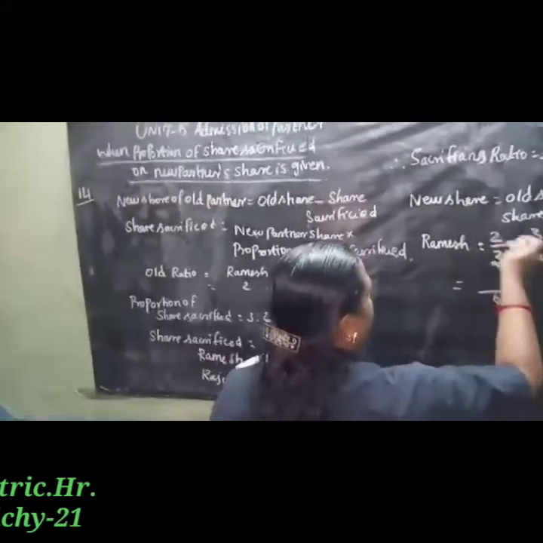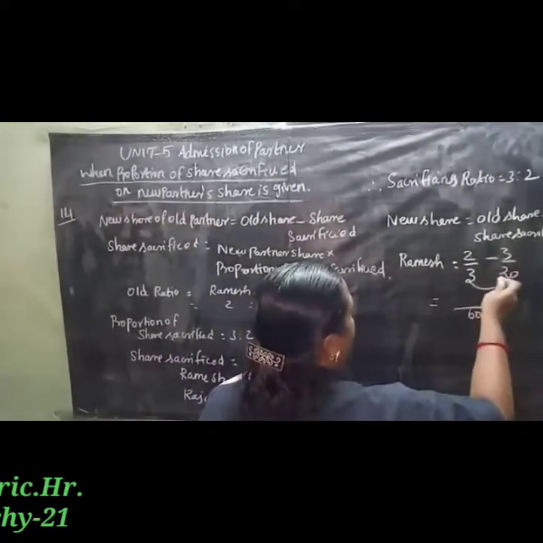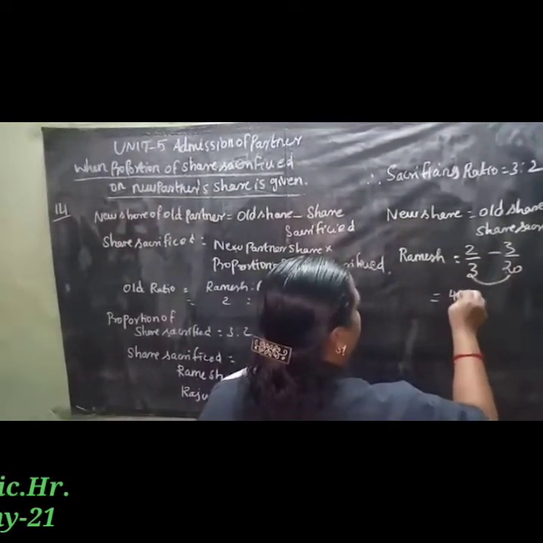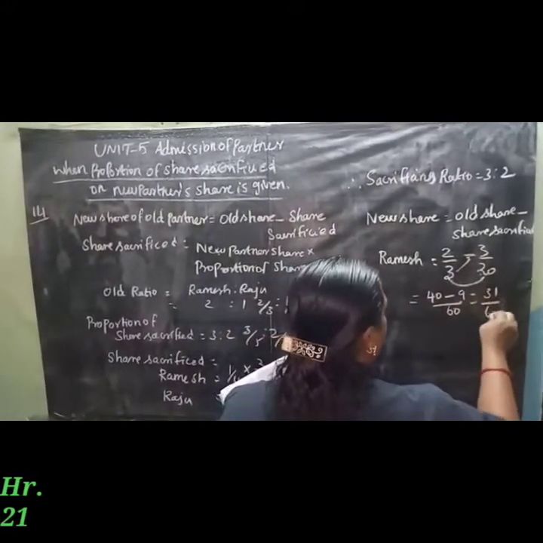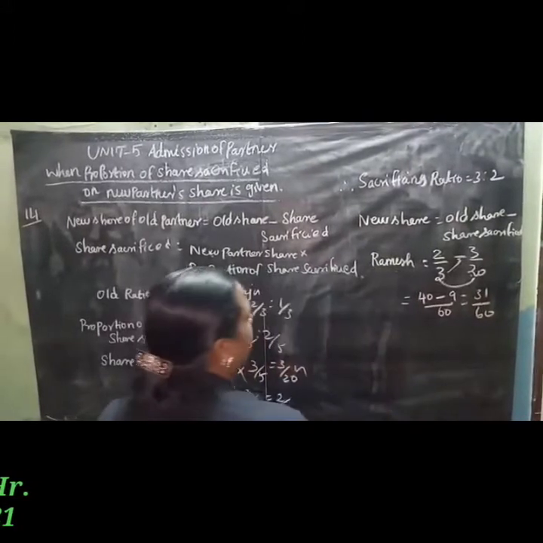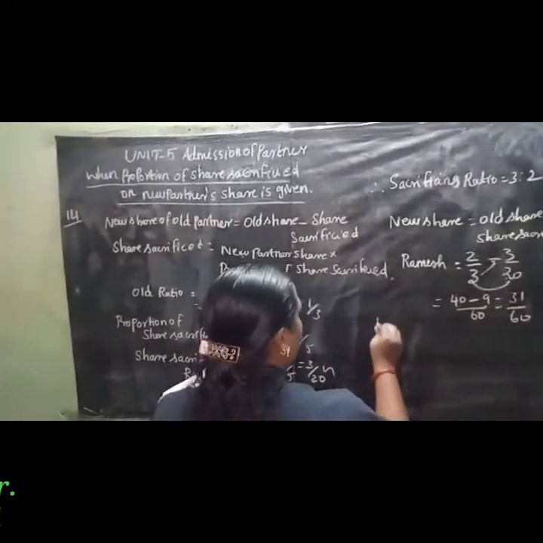Cross multiply: 20 into 2 is 40, minus 3 3s are 9, so 31/60.